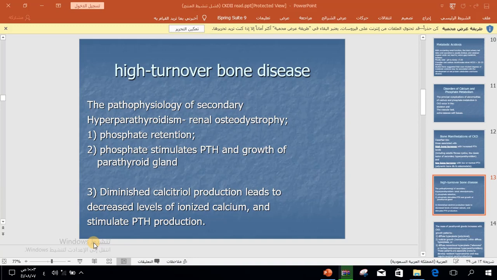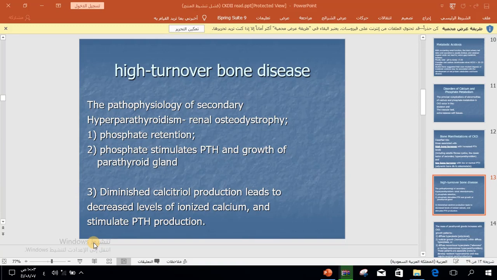It leads to retention of calcium and excretion of phosphorus. And finally, it acts on the bone by absorbing calcium from the bone and releasing it into the blood. So it leads to normalization of the calcium level. So these are the main physiological processes.